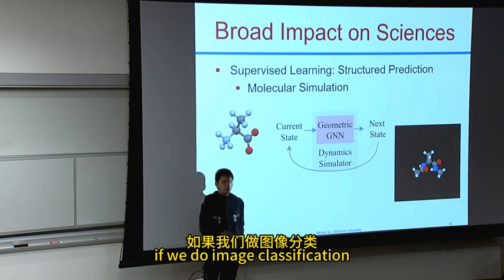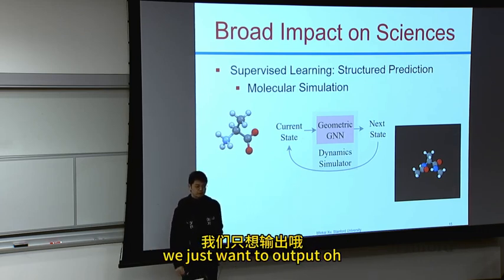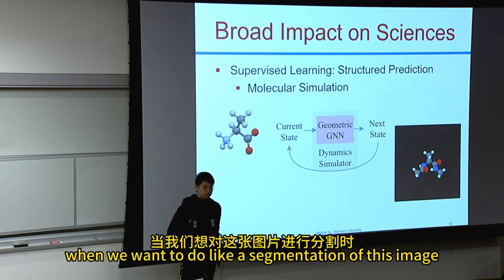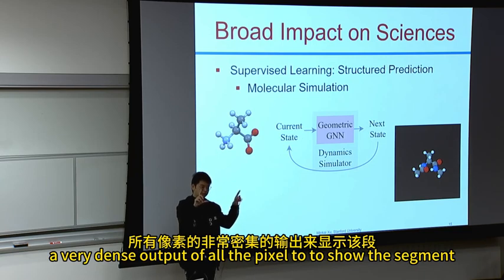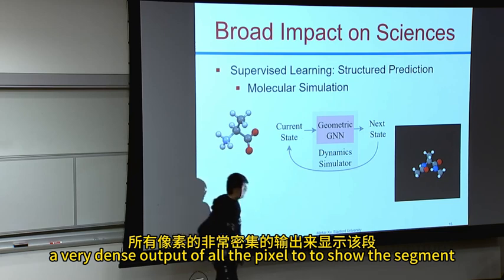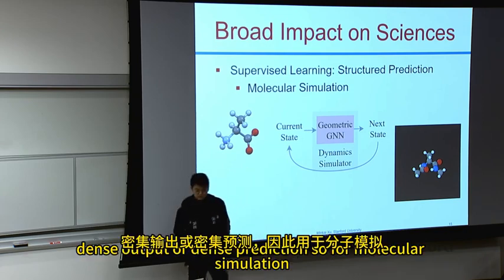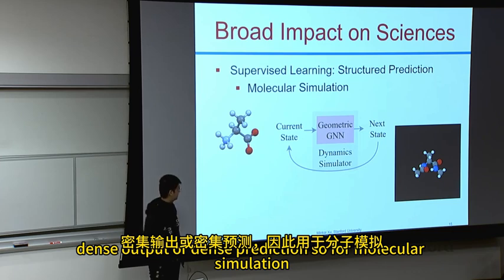For example, if we do image classification, we just want to output which class it is. By analogy, when we want to do segmentation of an image, we output a very dense output of all the pixels to show the segments. So this is kind of similar. I call it a dense output or dense prediction.